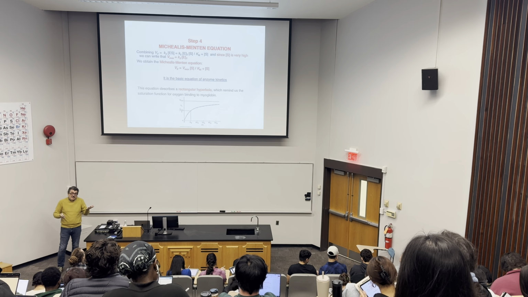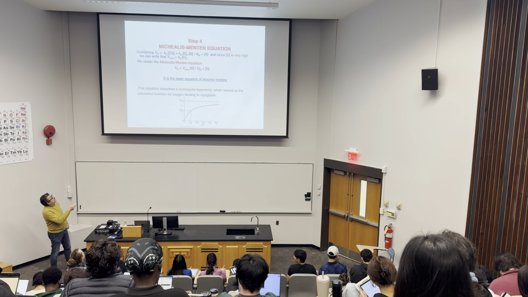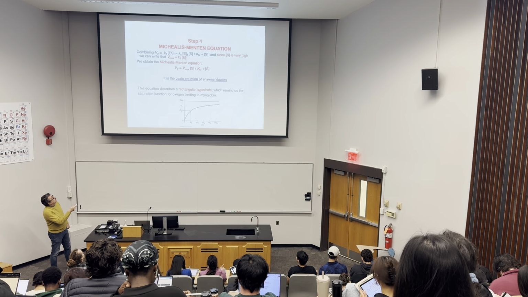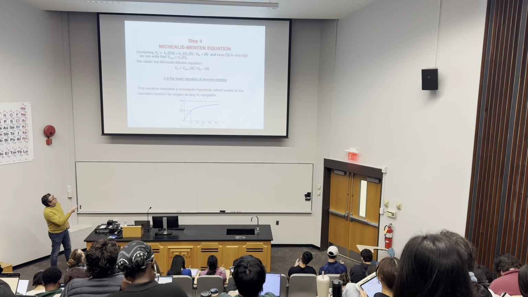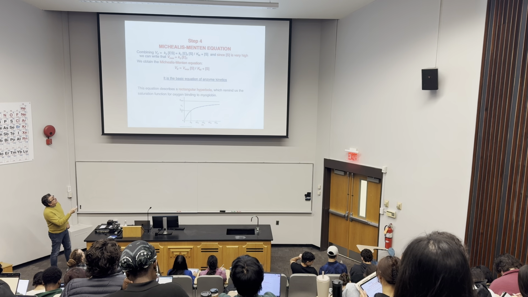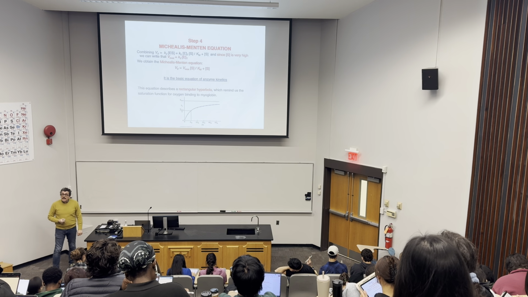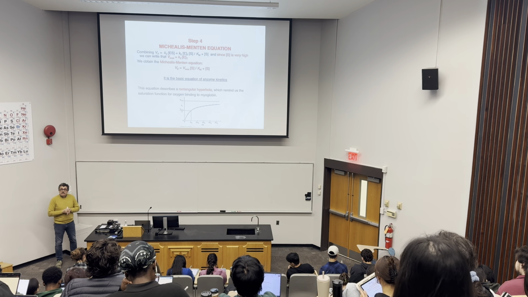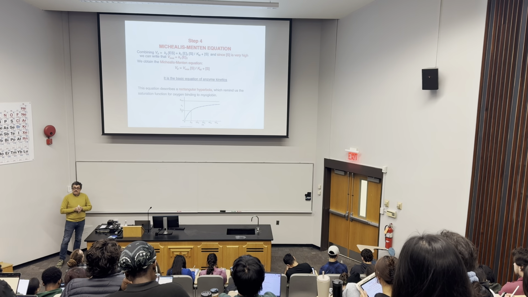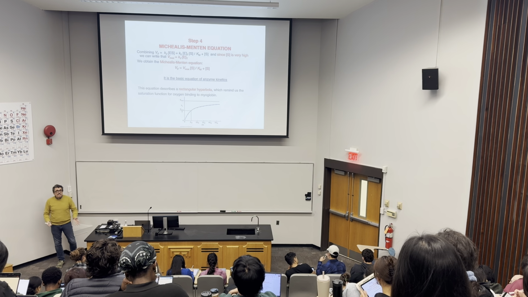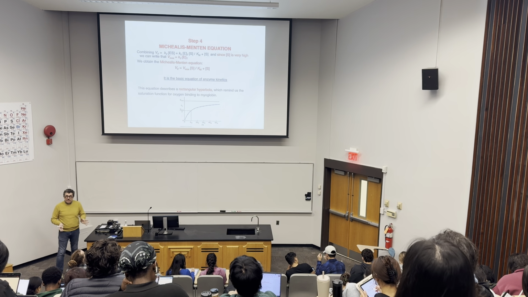Okay? So we can change this way of writing into Vmax, and we have V0 equal to Vmax times concentration of the substrate divided by K M plus concentration of the substrate. That is the Michaelis-Menten equation for the simplest reaction that we can imagine.